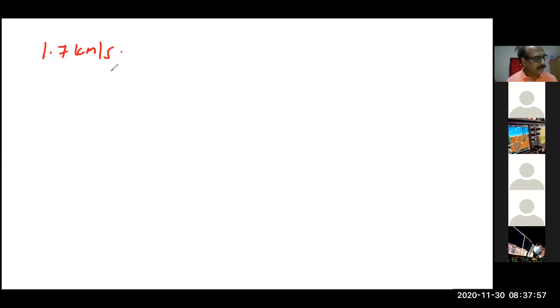The operating frequency of the scanner is 4.2 megahertz.